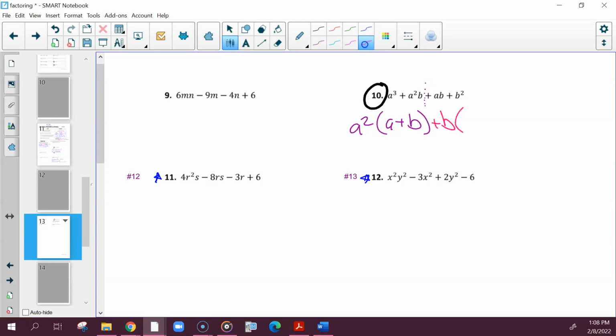And if we divide B out of both of those, A plus B. We can almost assume what that second part should be, but we also don't want to assume, because we want to make sure that's what we actually get. All right, and then our two factors: a squared plus b and a plus b. Beautiful.